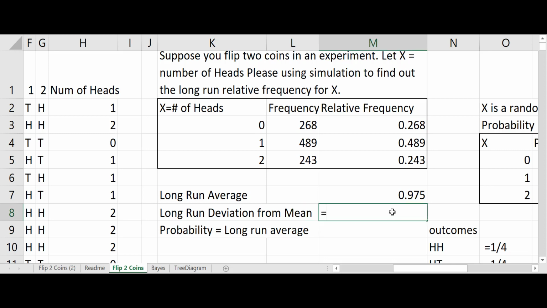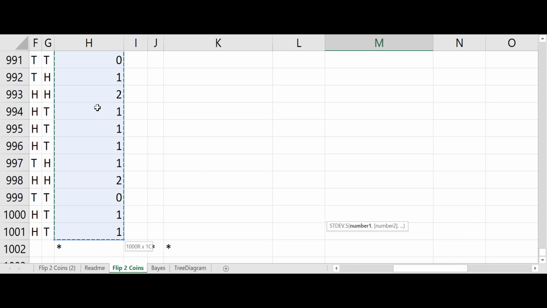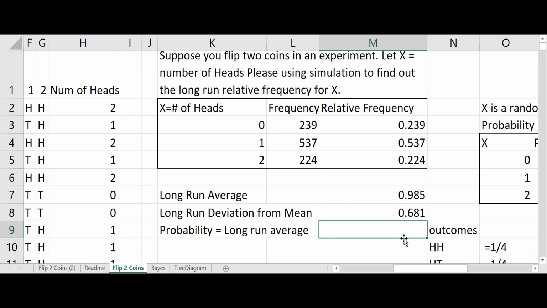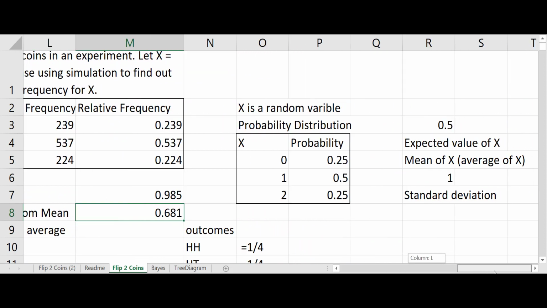Standard deviation, there is a formula, sample standard deviation. The number of heads every time we tried, 1,000 times. So the standard deviation is this one. Theoretically, how is this x value spread out? We look at its distribution.